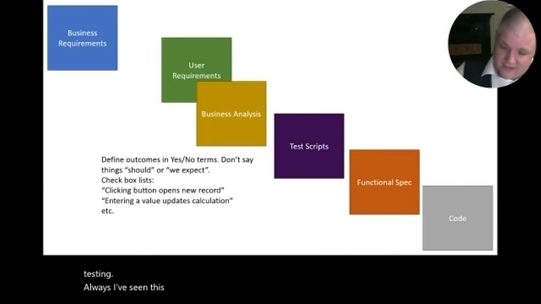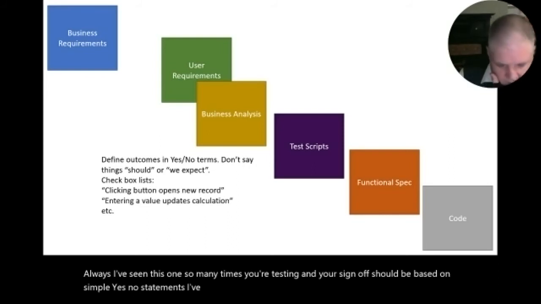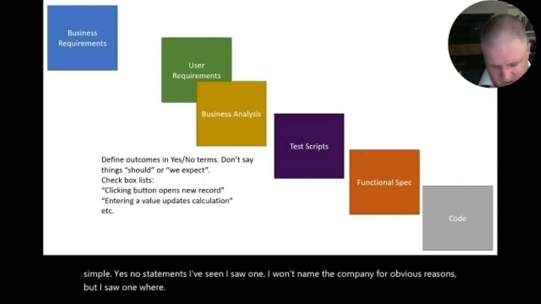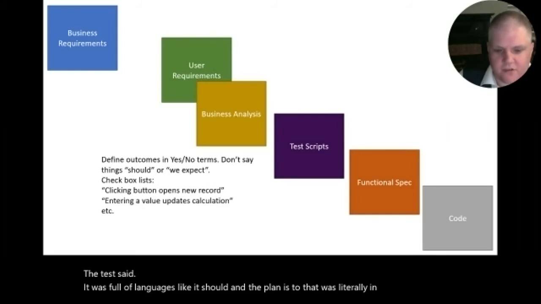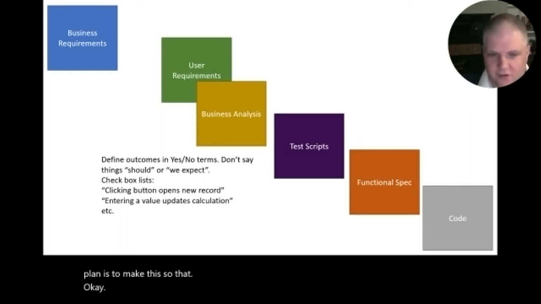Your testing and your sign off should be based on simple yes/no statements. I saw one, I won't name the company for obvious reasons, where the test was full of language like 'it should' and 'the plan is to'. That was literally in the test script: the plan is to make this so that. Okay, that's not a test statement. Can't do anything really with that.